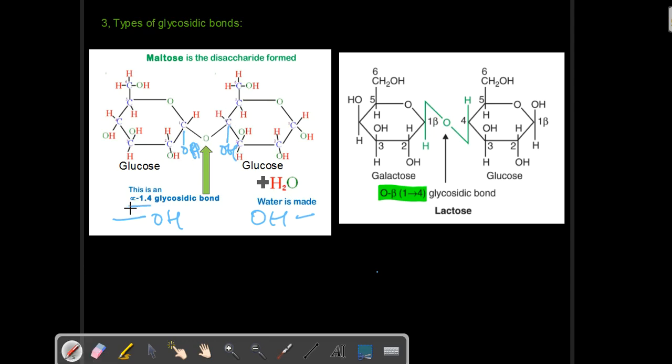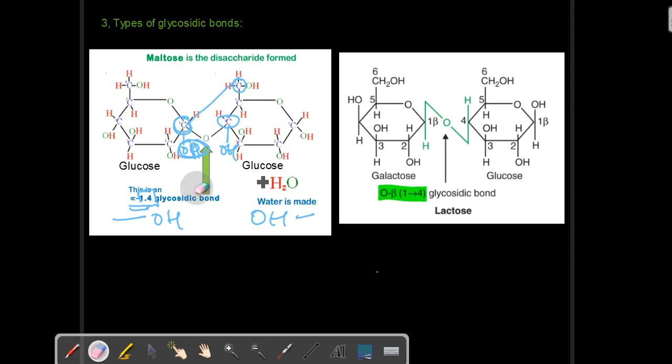In that case we call it an alpha linkage. Why do we call it alpha 1,4? Because carbon 1 and carbon 4 are involved. If the bonding takes place between carbon 1 and carbon 6 and the alpha monosaccharide is involved at carbon position 1, then we call it an alpha 1,6 bonding, right?